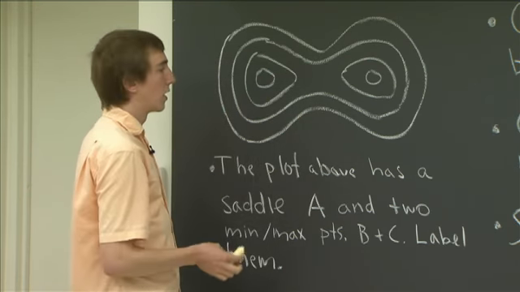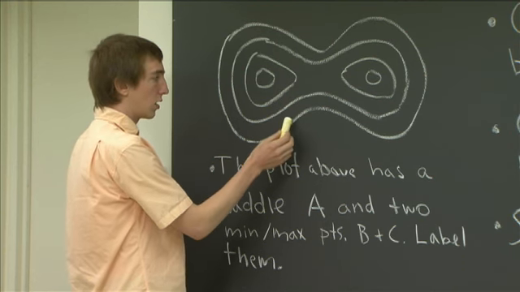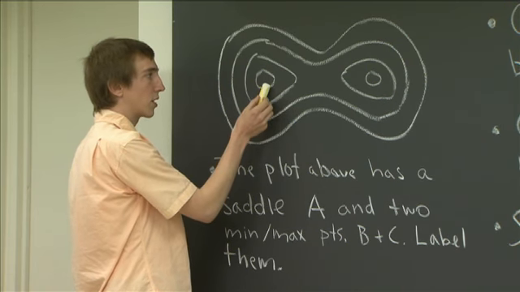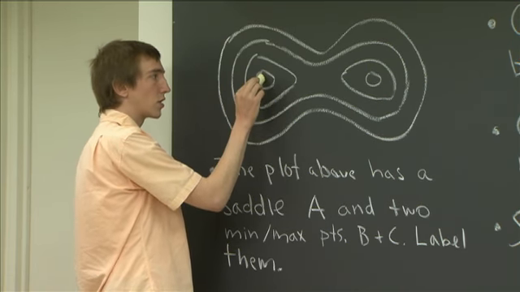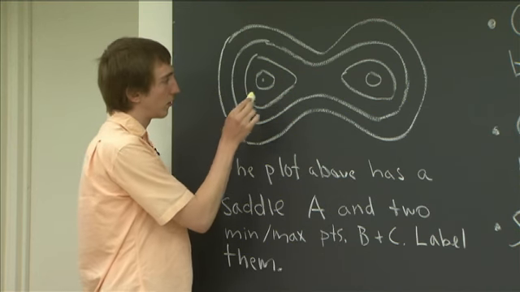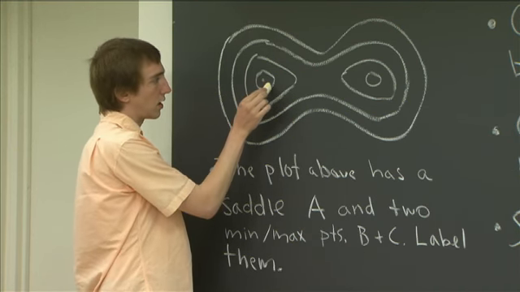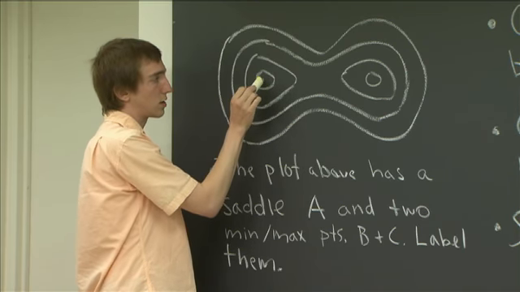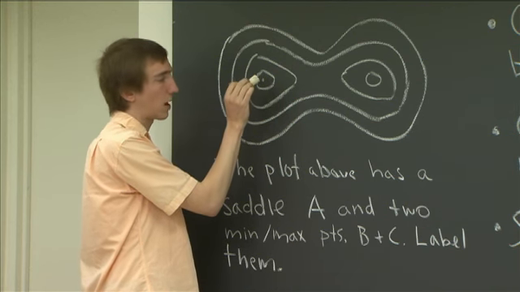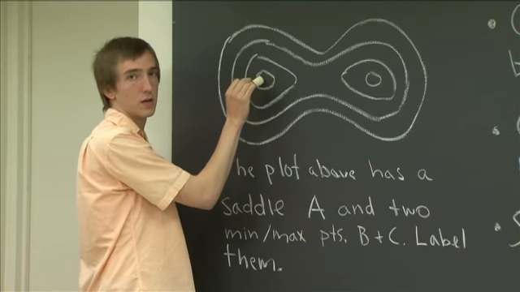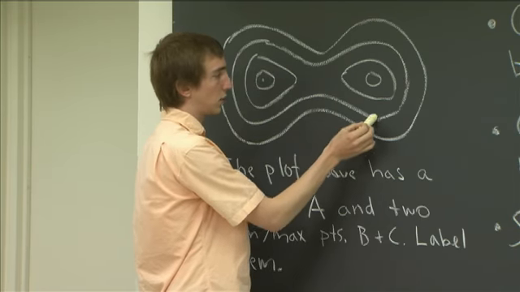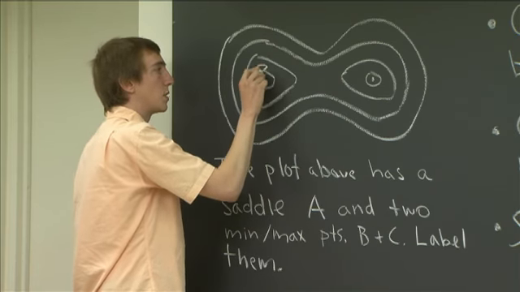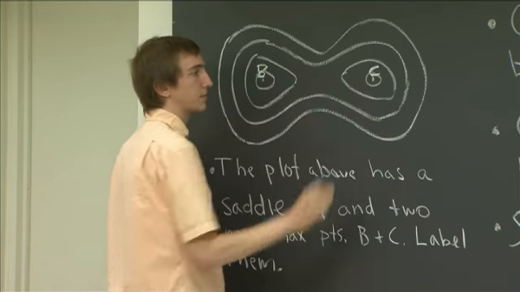And if we look here, we see that these rings start to become concentric, and somewhere in here there's got to be either a maximum or a minimum, because inside this little region here, the function doesn't pass through another contour. So we have to find either a maximum or a minimum inside the innermost ring. And similarly, we have to find either a minimum or a maximum here. So let's just call this one B and this one C.